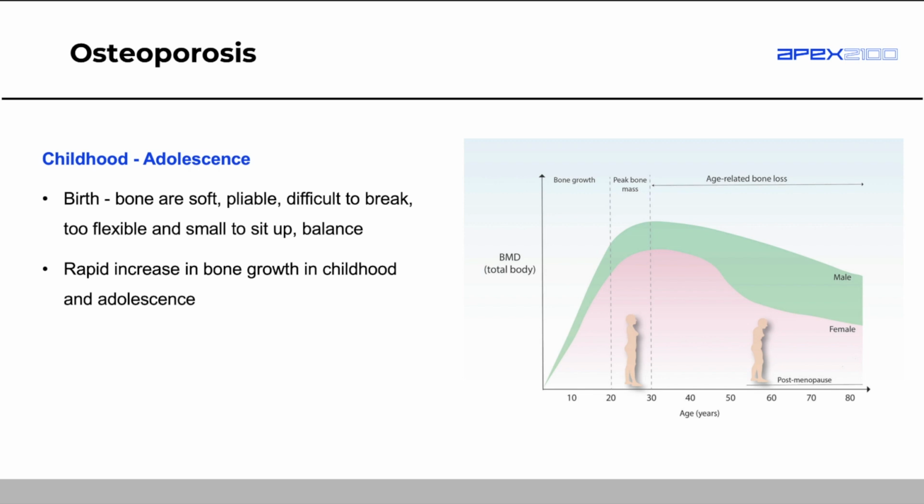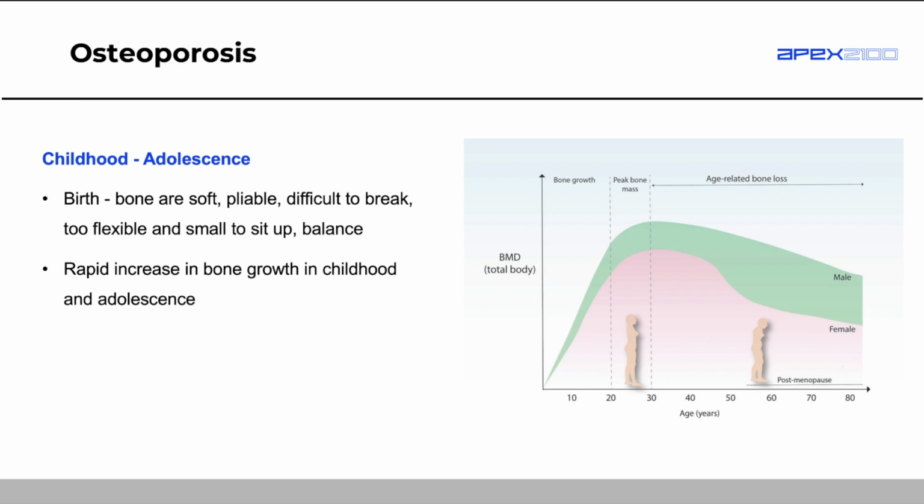That's why the bones don't break, because when you're a baby, your bones are flexible, they're pliable, they're almost a little bit soft. But that also means that babies can't really sit up or balance, because they have these soft, pliable bones that don't allow them to sit up and withstand their own weight.